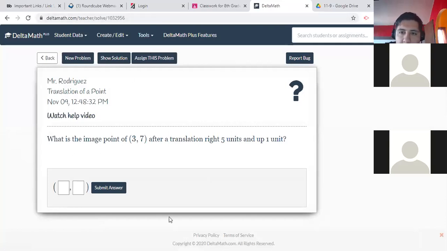So I assigned some homework on Delta Math. Okay, it should be pretty simple, but I just want to make sure that we are good with how we're doing this. Okay, so let's start off with, it says that the image of a point is 3 and 7, and we're going to translate to the right 5 units and up 1 unit. So what does that mean? If we're translating to the right 5, what does that mean?